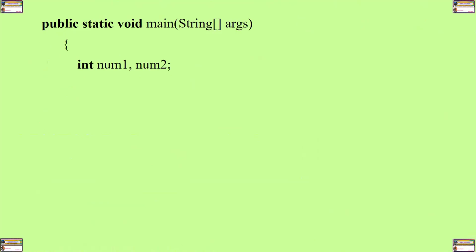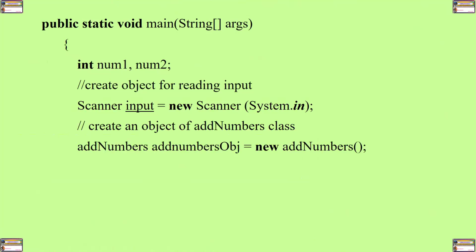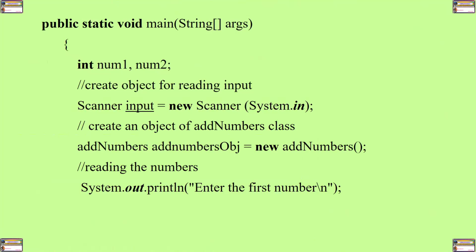We have two local variables called num1 and num2 of type integer. Then we declare an object for manipulating the data entry, that is input of type Scanner. Then from there, we create an object for manipulating the method called add numbers, which is of type add numbers class, as follows. Then we read our values. We prompt the user to enter the first number.